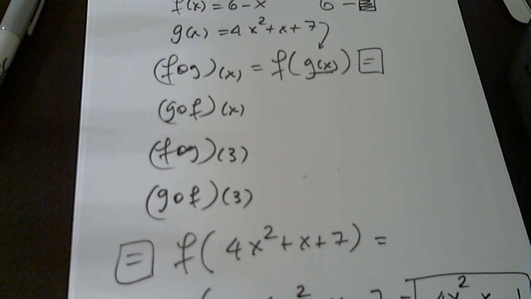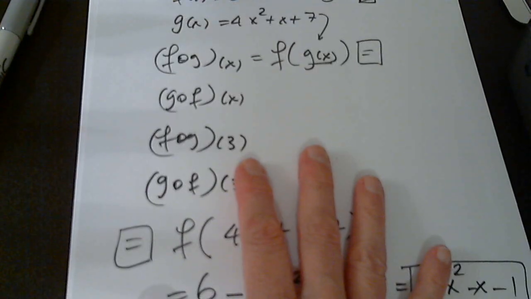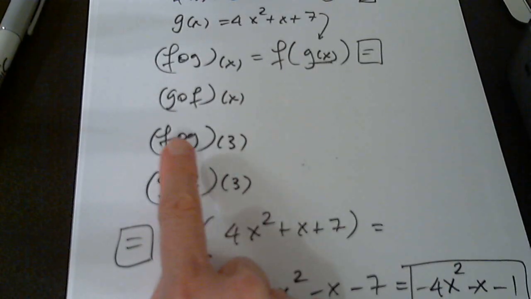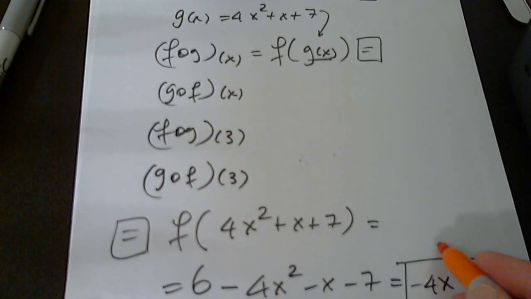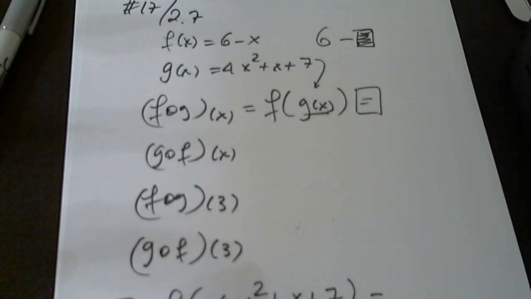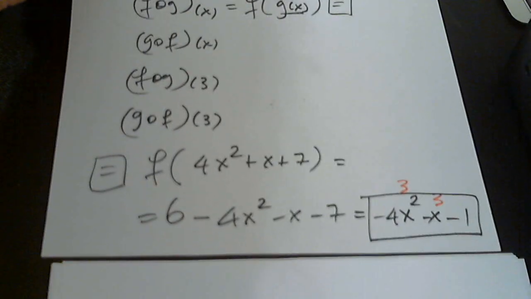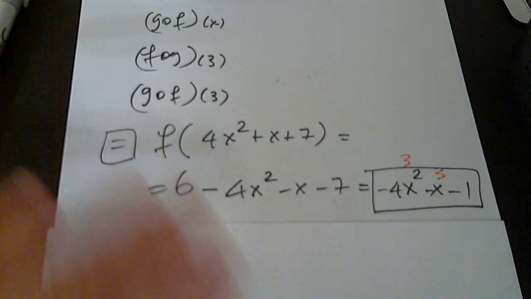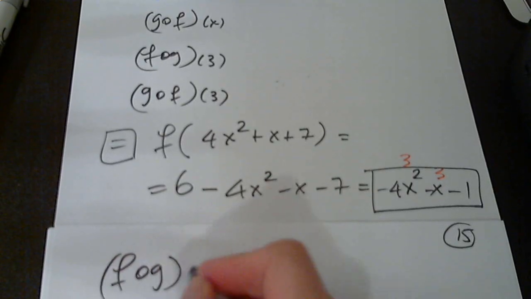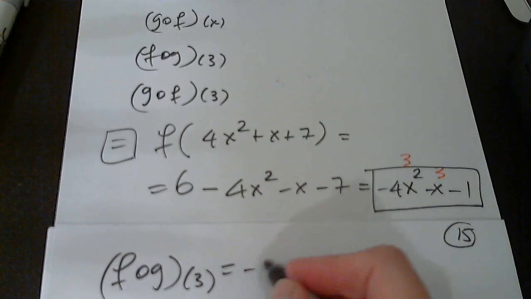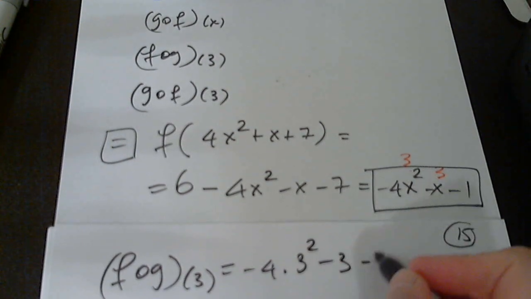So I determined f comp g. Since I'm here, I'm also going to jump ahead and determine f comp g of 3. Very easy. Just replace 3 everywhere. Because I have the function, it's done already. F comp g of 3 is negative 4 times 3 squared minus 3 minus 1.